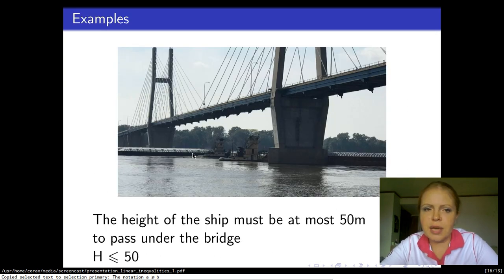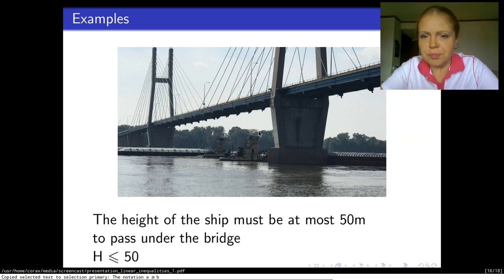The following two examples show you how to understand at most and at least. For example, you can see a bridge and a ship passing through the bridge. The height of the ship must be at most 50 meters to pass under the bridge. What does it mean?